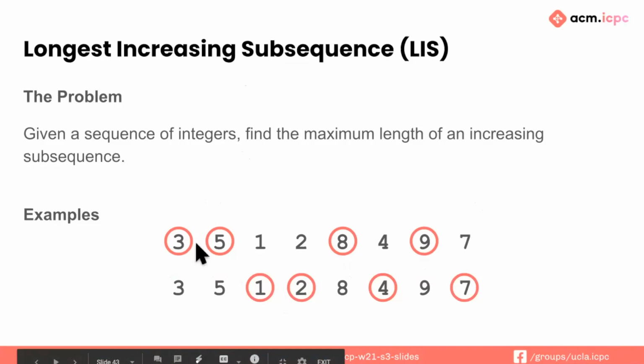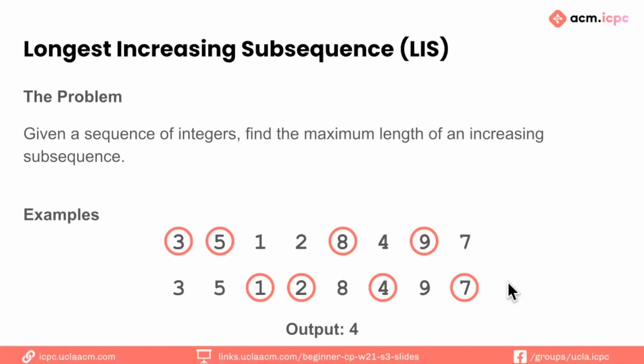So both of these are examples of longest increasing subsequences, and it turns out the longest increasing subsequence isn't necessarily unique, but the goal of the problem is just to find the length of it. Either way, the answer is 4. You can think about this sequence and you'll see that there's no way to get a longer sequence than this.